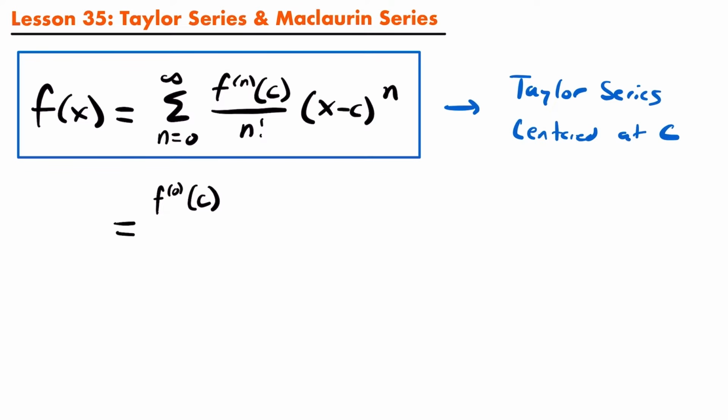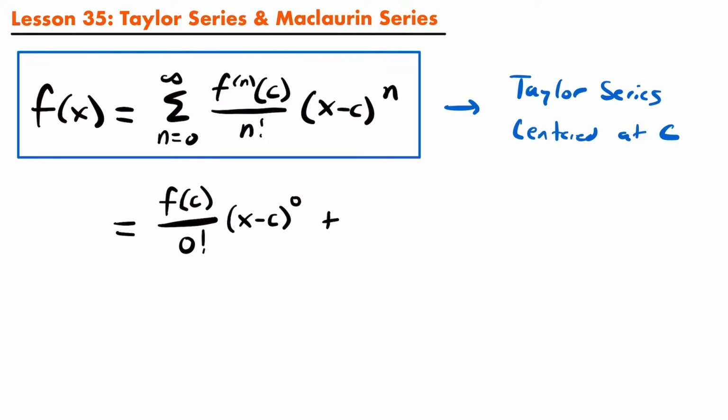There is no such thing as a 0th derivative, so I'm going to stop saying that. Instead, what we would have here is just our function evaluated at c. All right, so when n equals 0, that nth derivative just becomes the function evaluated at c. And then that will be divided by 0 factorial. All right, and then don't forget to multiply by x minus c to the power of n, which is 0.